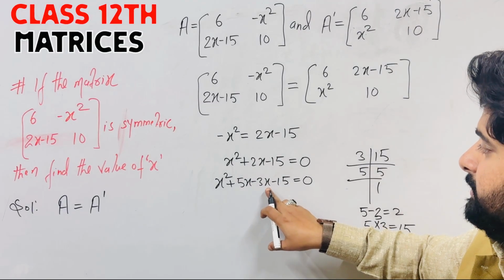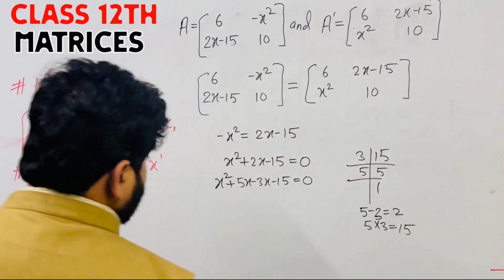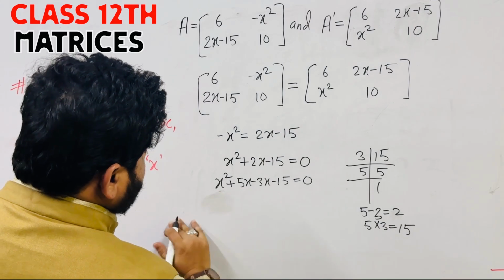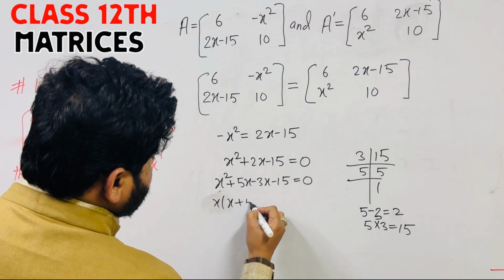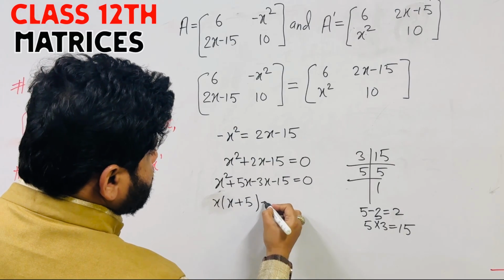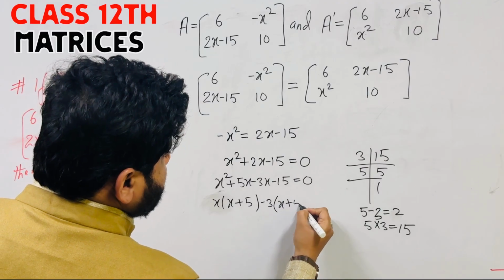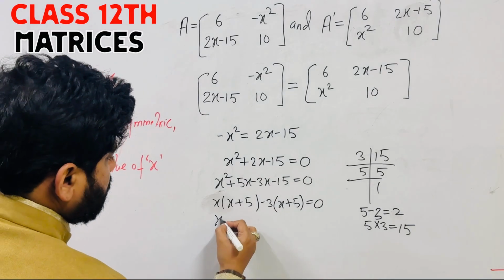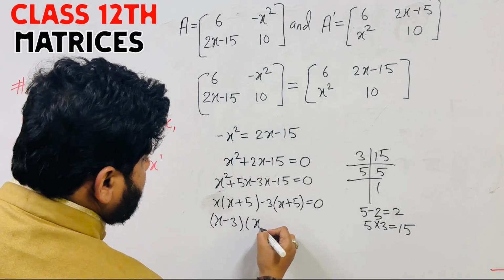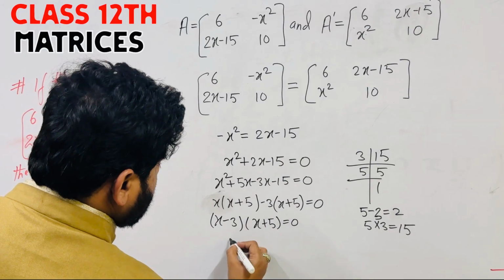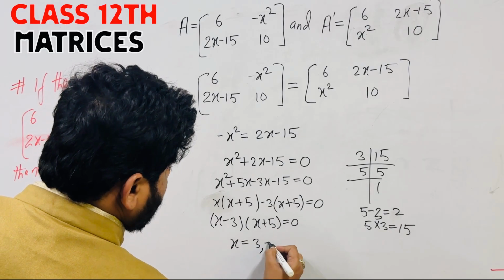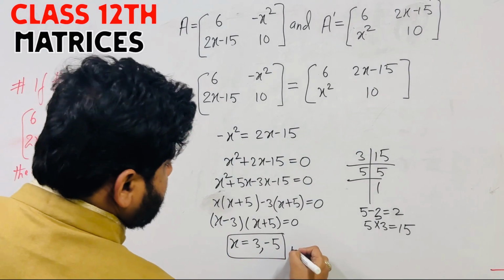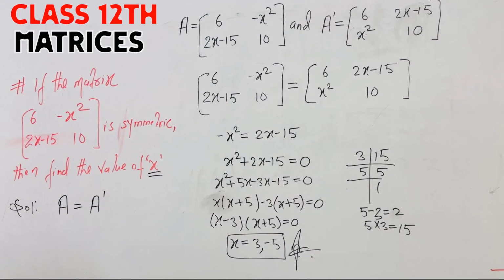Now x square, the common factor is x, that is x plus 5, and the common factor is minus 3, that is also x plus 5, that is 3 fives are 15. Now x minus 3 and x plus 5 are equal to 0. Now the value of x is 3 and minus 5. Here the value of x is 3 comma minus 5.